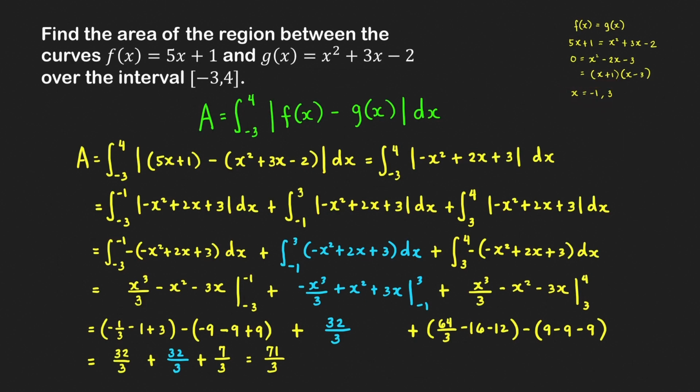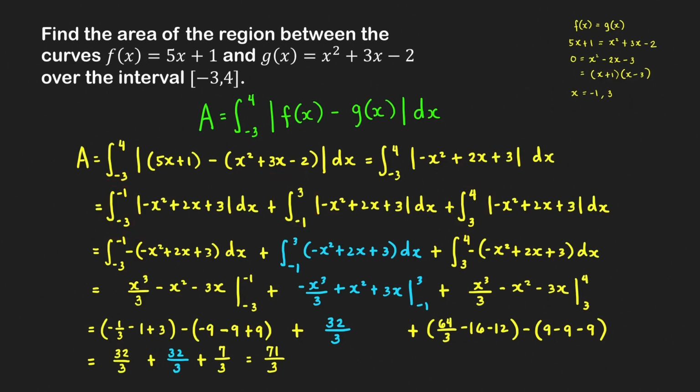Therefore, this integral can be written as this definite integral, and simplifying this expression, we'll get this expression. This integral can be divided into three integrals. Again, we have to use this -1 and 3 to divide this interval -3 to 4. So we'll get here three intervals: from -3 to -1, -1 to 3, and then 3 to 4.